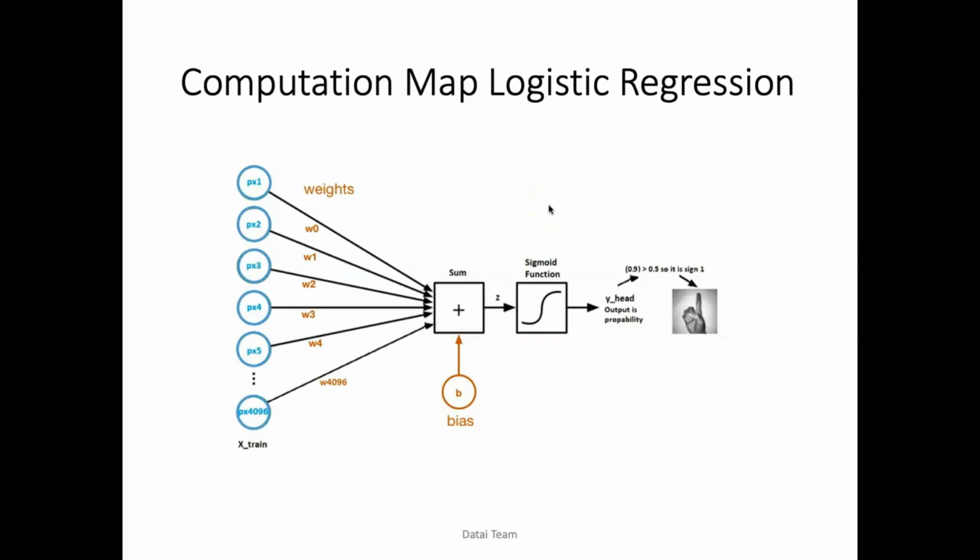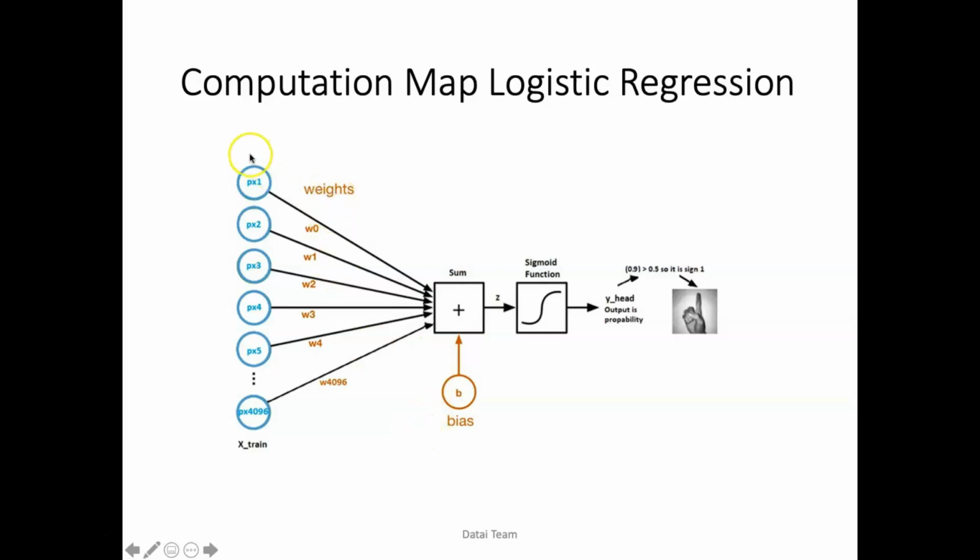Here we have the computation map for logistic regression. We have our 4096 inputs x, and we have a weight corresponding to each input, each pixel value, and then we are summing all of them up. But before summing, we multiply them with the weights, and then sum everything up, and then add our bias.